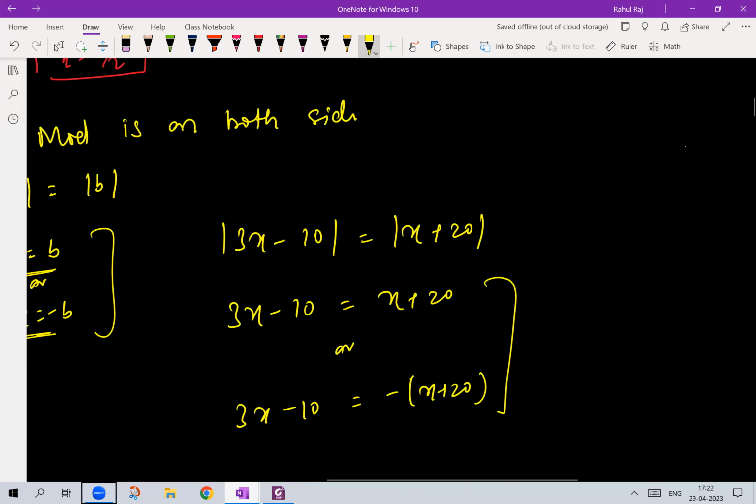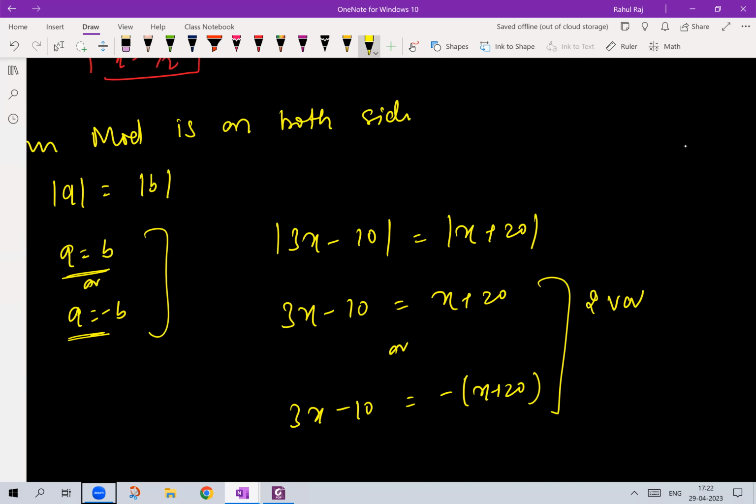You get two values of x, right? Please understand both the values of x are valid values. 100% be very sure that both the values of x are valid values. You don't have to check the validity.